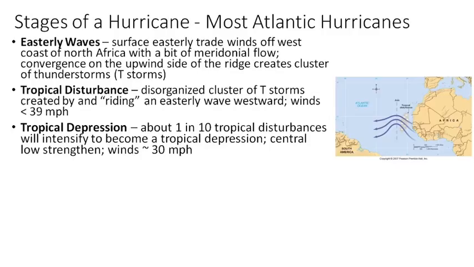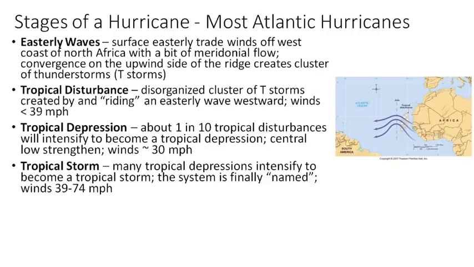And this slide says only 1 out of 10 disturbances intensify into a depression. So they can go ahead and intensify from a tropical depression to a tropical storm, where a tropical storm has wind speeds between 39 and 74 miles per hour.